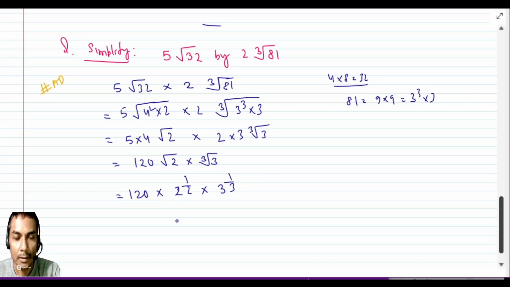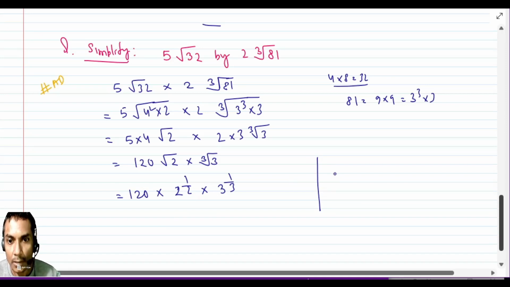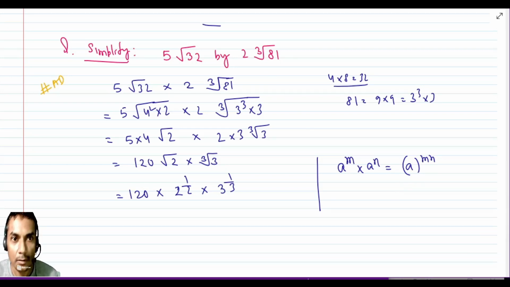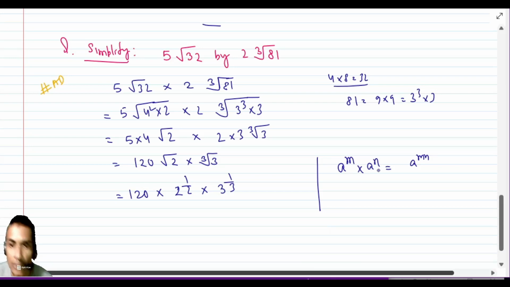Then see, here we can't do anything directly, but we know some rules. The rule is the multiplication rule. If it is a^m and a^n, you can do what, a to the power m+n. Bracket not required, simply a to the power m+n. It is possible because the base is the same.